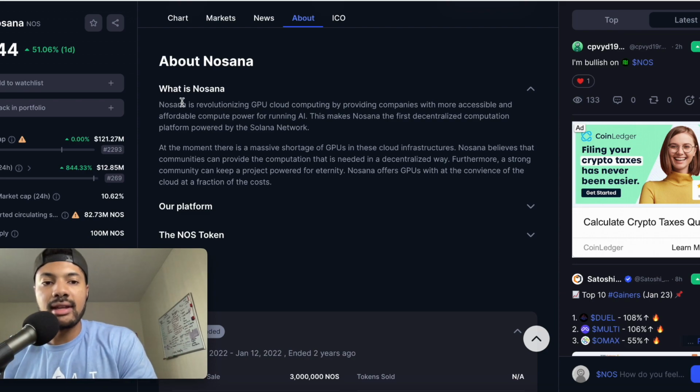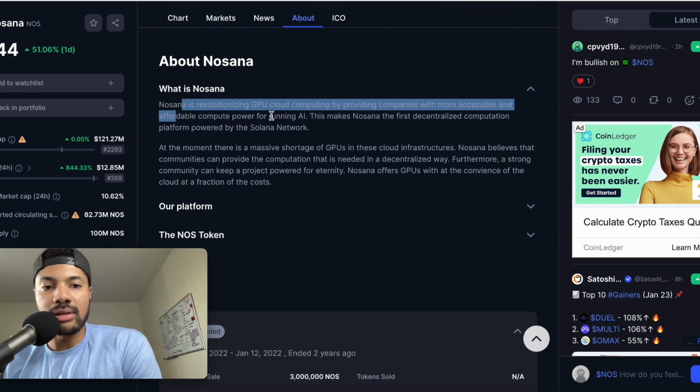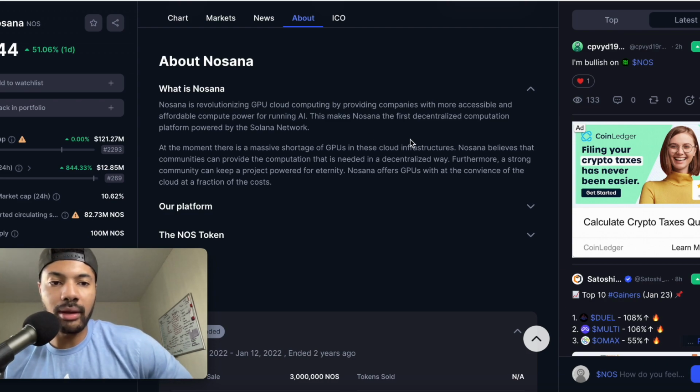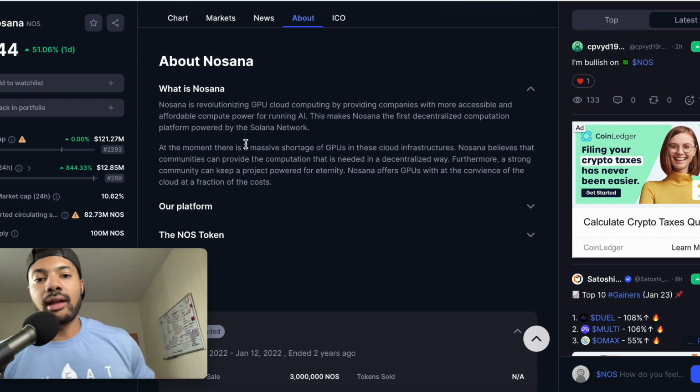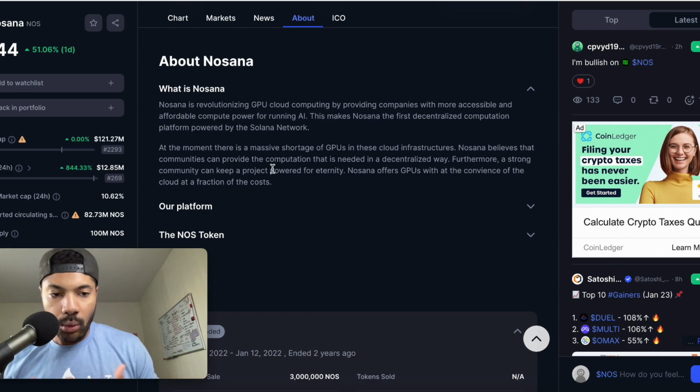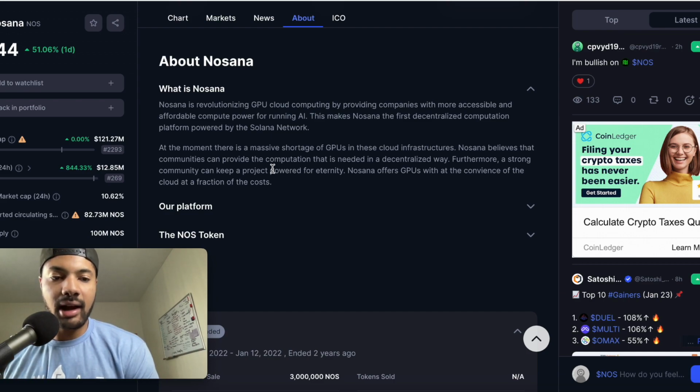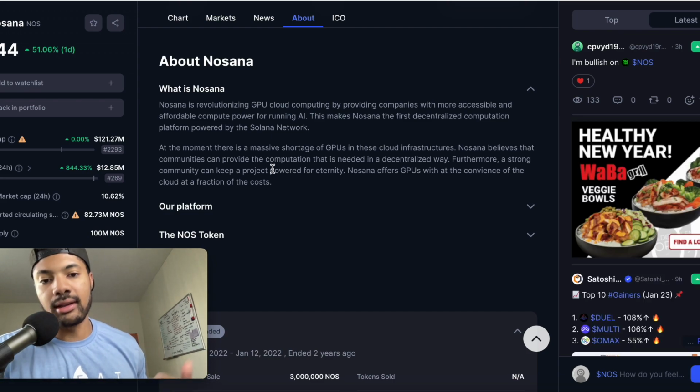Nosana, as it says, is revolutionizing GPU cloud computing by providing companies with more accessible and affordable compute power for running AI. This makes Nosana the first decentralized computation platform powered by the Solana network. So again, we are seeing token migration to Solana, people utilizing Solana's technology. Even Nosana is utilizing this.